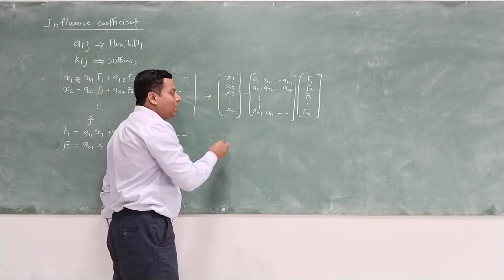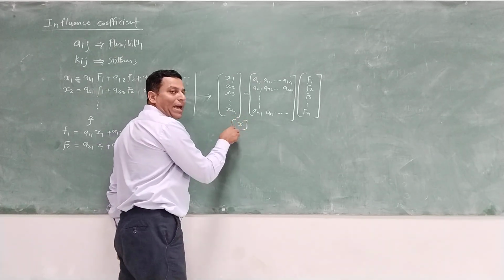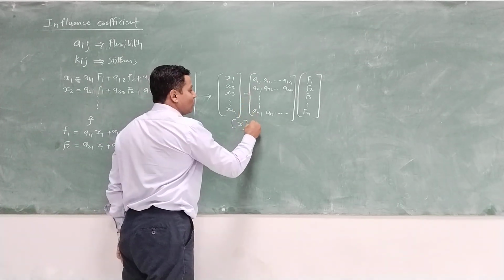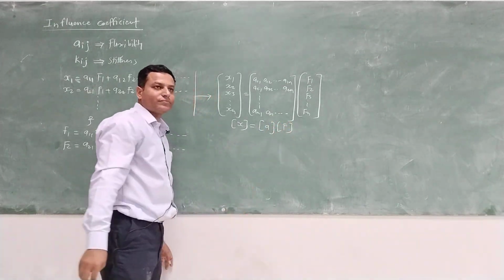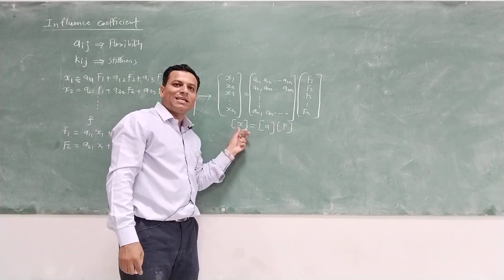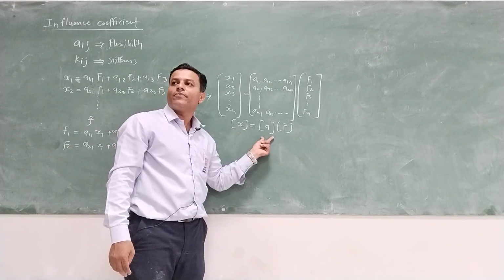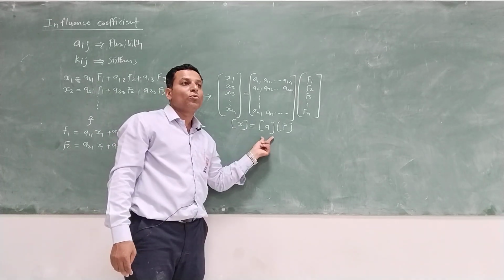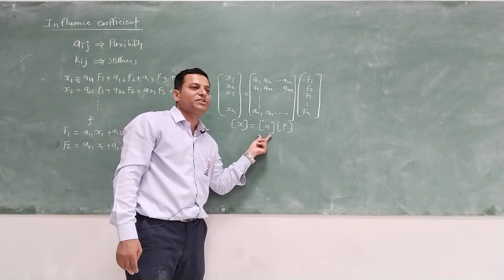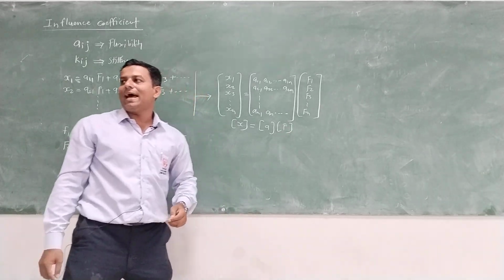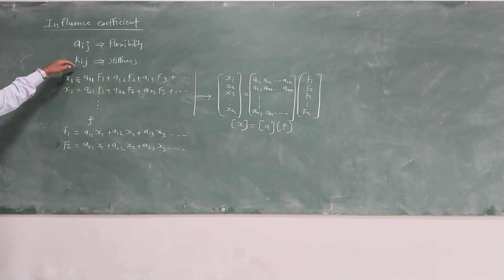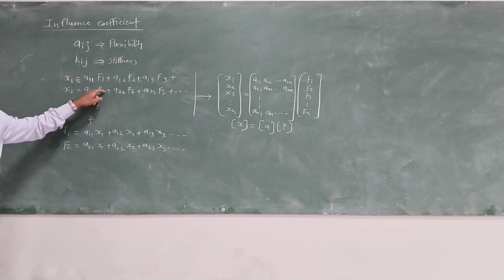So the whole equation is converted into x is equal to A into F. So x displacement is equal to the flexibility influence coefficient matrix into force. So we can write the equations in the form of influence coefficients.